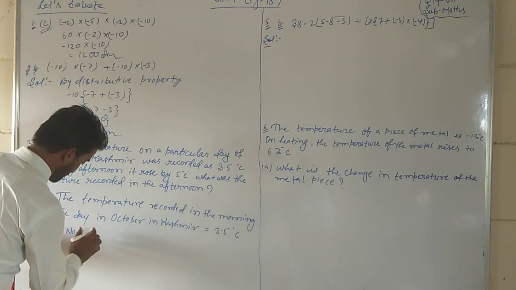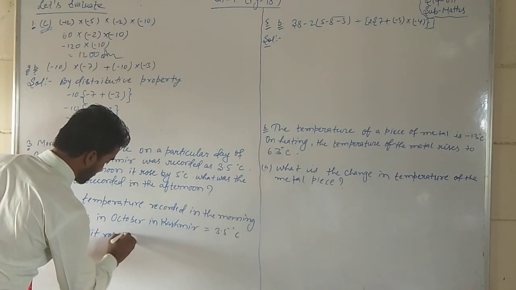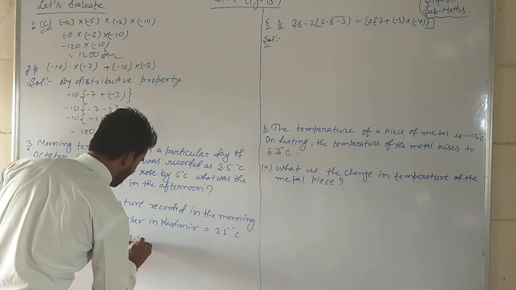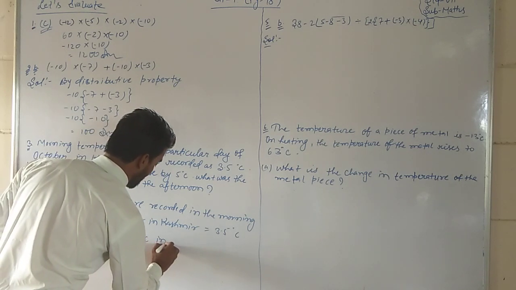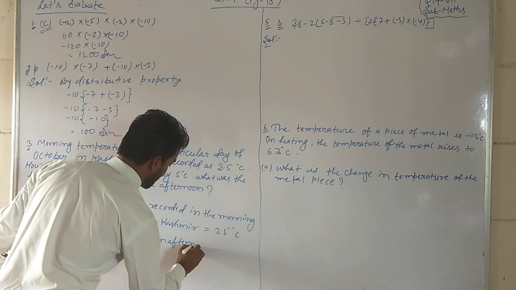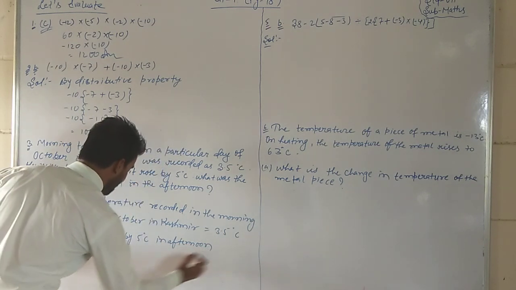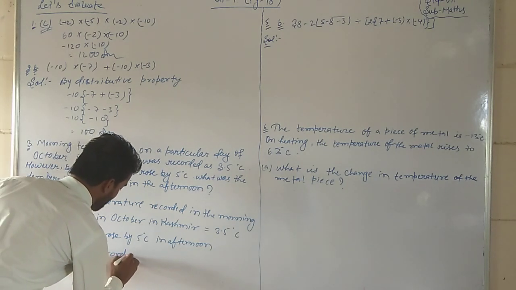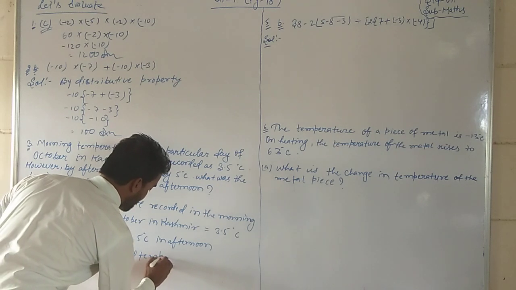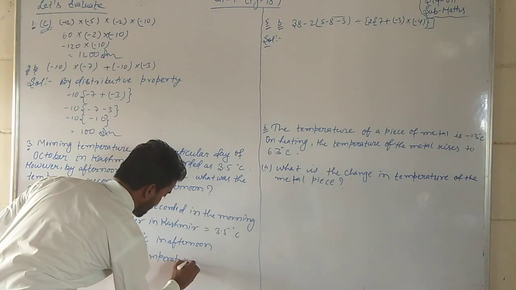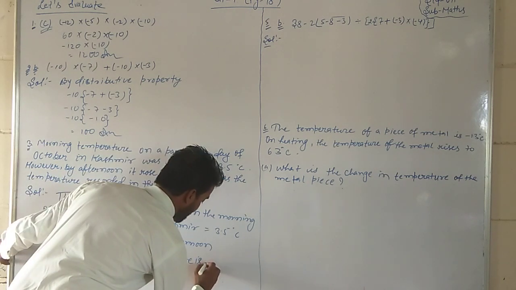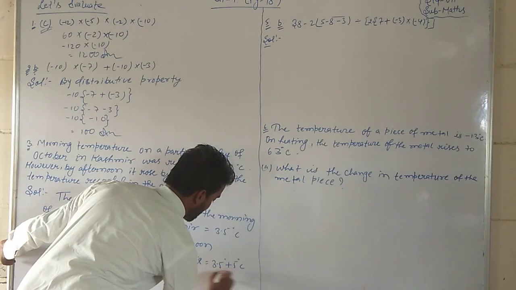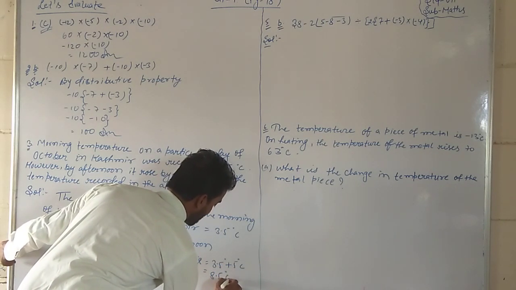Now it rose by 5 degrees centigrade in the afternoon. The recorded temperature is 3.5 degrees centigrade plus 5 degrees centigrade more. It will be 8.5 degrees centigrade.